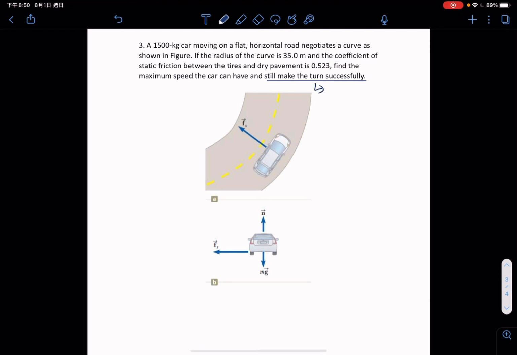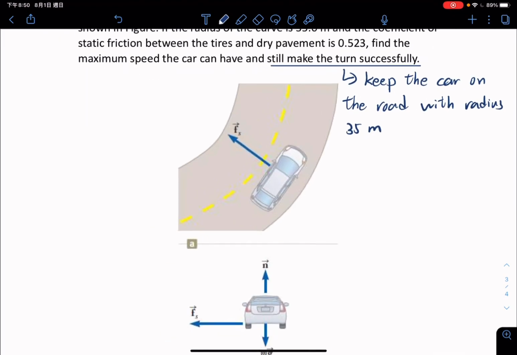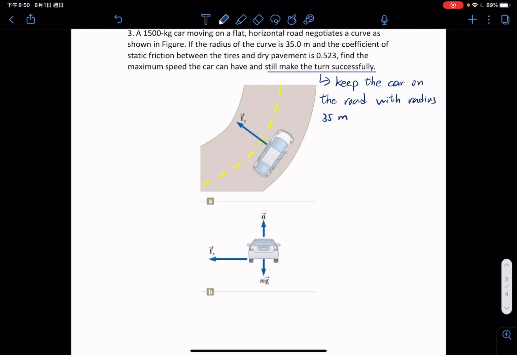It means they keep the car on the road with radius 35 meters. Okay, and then we know that we must figure out the relationship between the central force FC and the radius r.